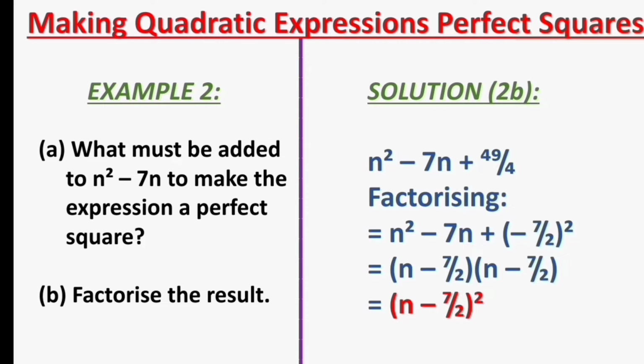Also, minus 7 over 2 is a square, because the coefficient of n is minus 7. Factorizing completely, we have the answer as n minus 7 over 2 all squared. I hope you got these answers correct.